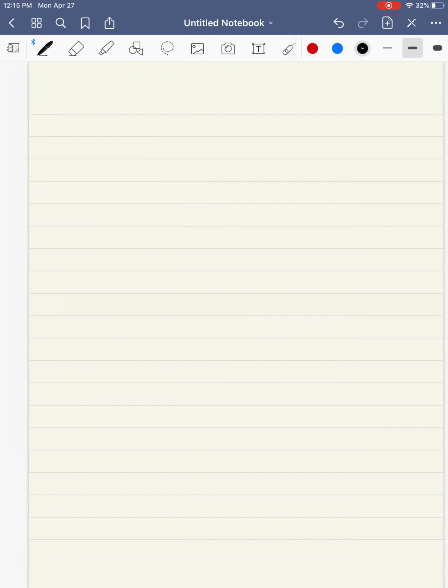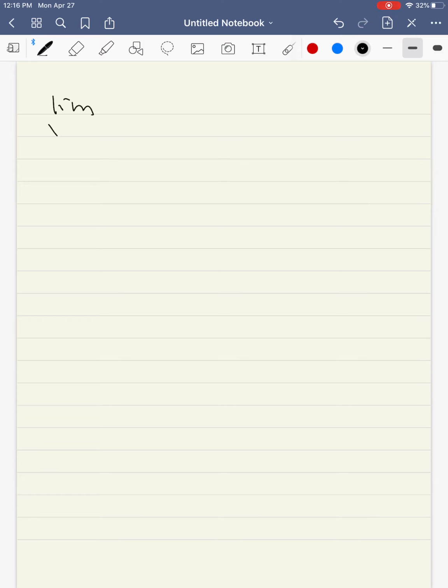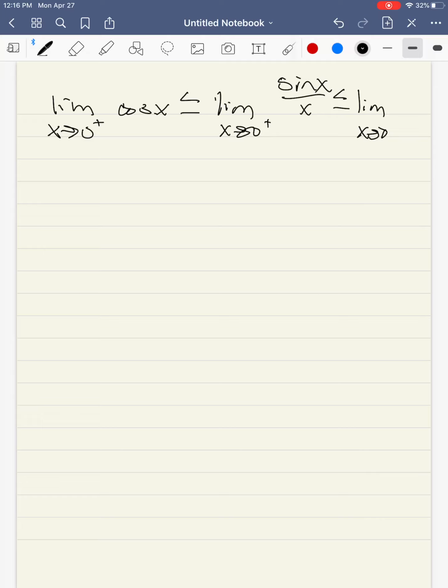Then the next thing we do is look at the left-hand and right-hand limits. So the right-hand limit, as x approaches 0 from the positive side of cosine of x, is going to be less than or equal to the limit, as x approaches 0 from the positive side, of sine of x over x, is less than or equal to the limit, as x approaches 0 from the positive side, of 1.